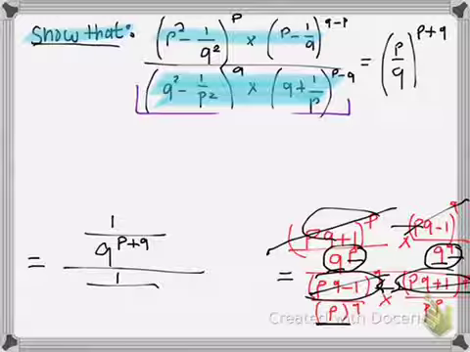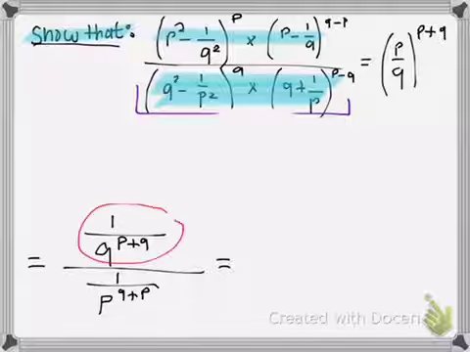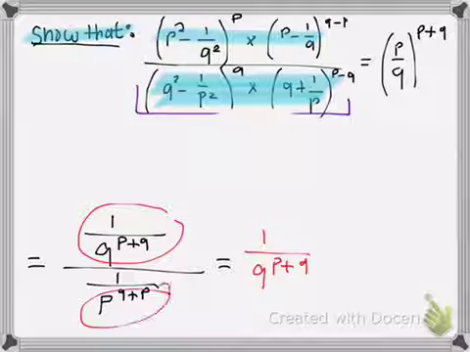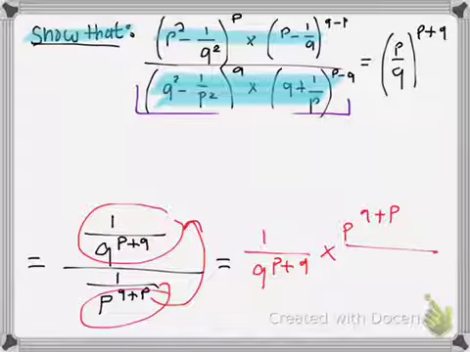And here we've got the same base, which is p, with different powers, q and p, so we can just add the powers, p to the power p plus q. If the same base has the same or different powers, we can simply add the powers. Finally, we can do the reciprocal. I'll write this expression as it is, p plus q, and this denominator becomes the numerator, and this one becomes the denominator right here.